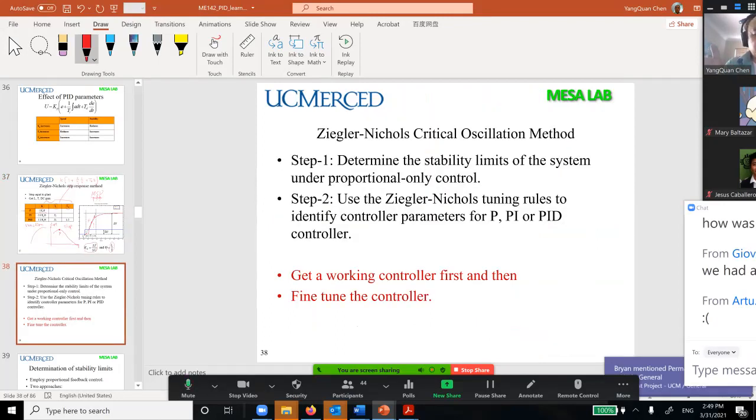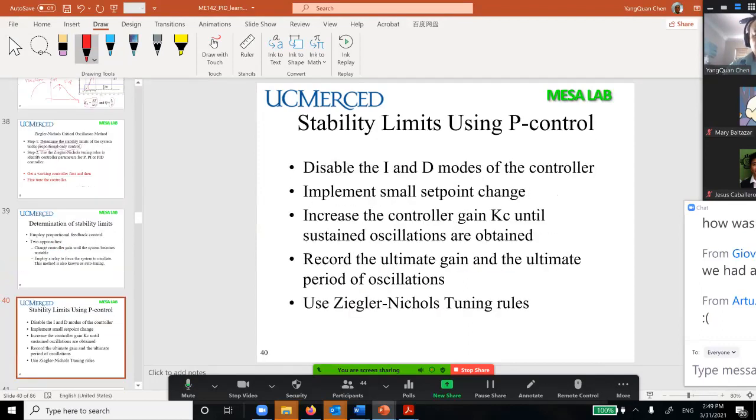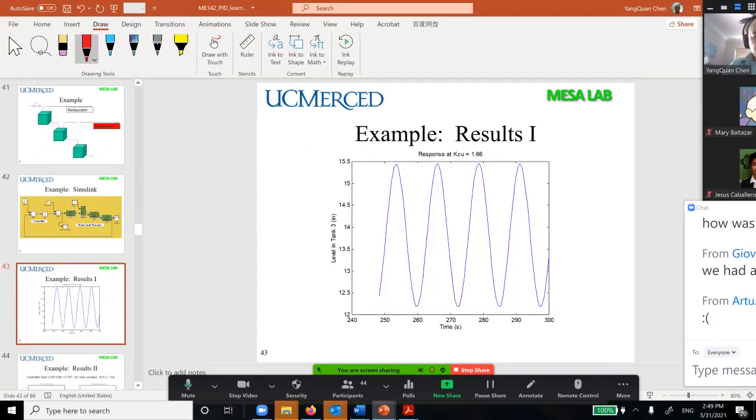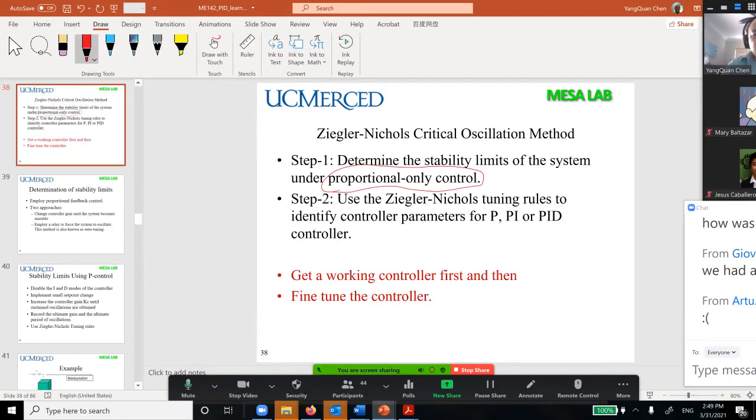Another method is the critical oscillation method. Basically, you push the system to the limit under proportional control only. You keep increasing the gain until the system is not stable. So this is an example showing that.